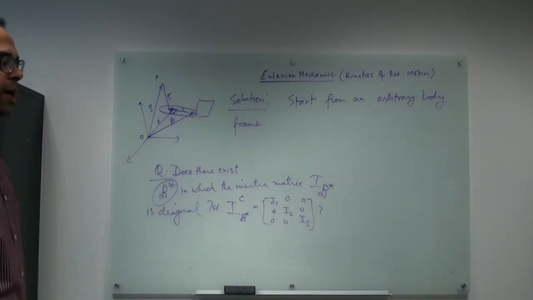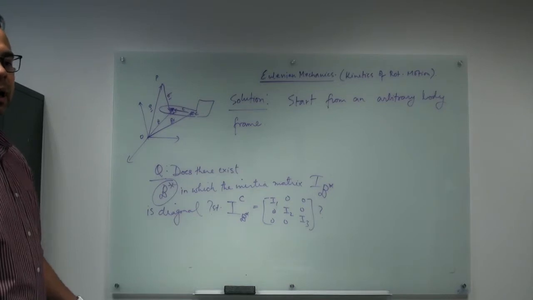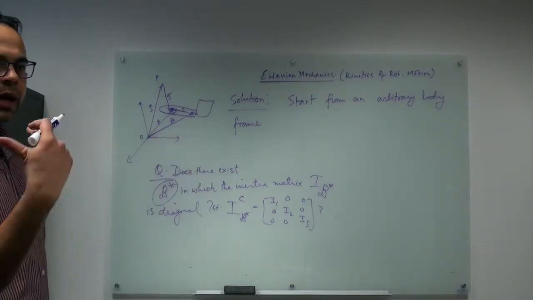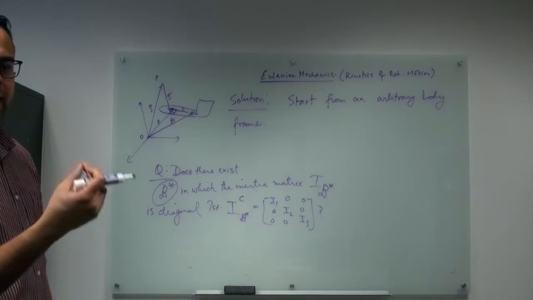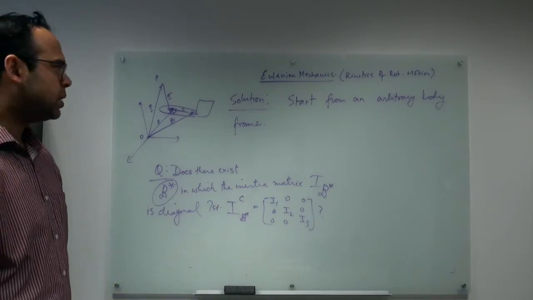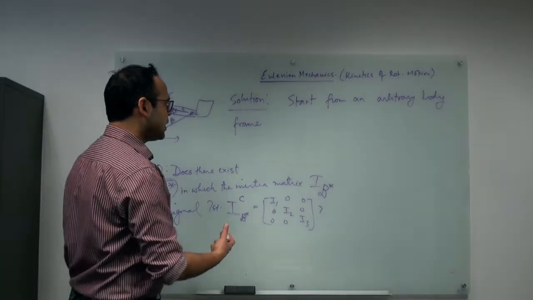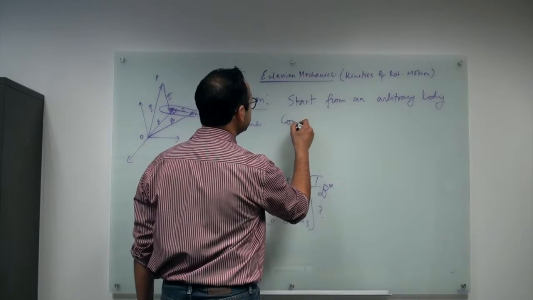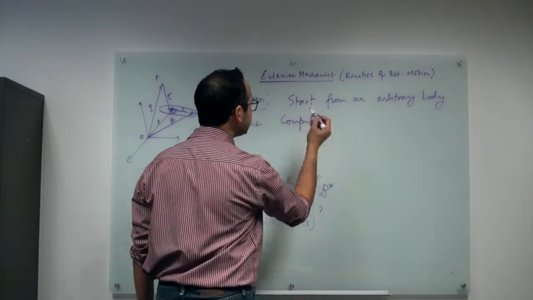So in aircraft, your standard body frame is the x-axis through the nose, y-axis through the right wing, and z-axis down, right? So you can start with that basic body frame, and once you have that starting point, compute the inertia matrix in that frame.